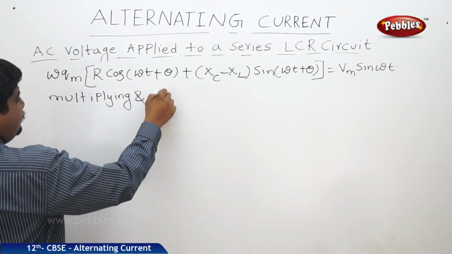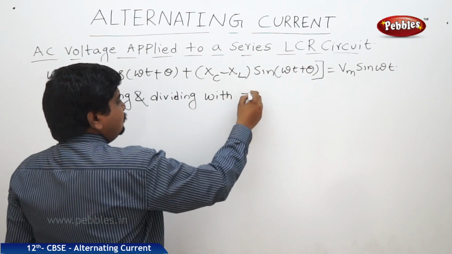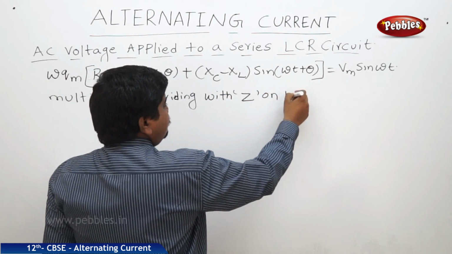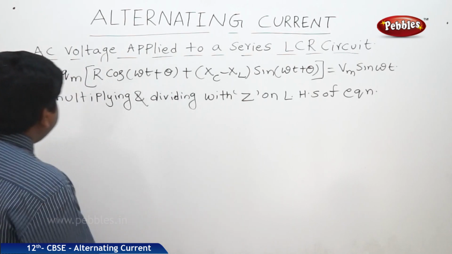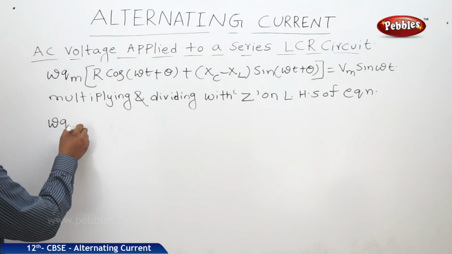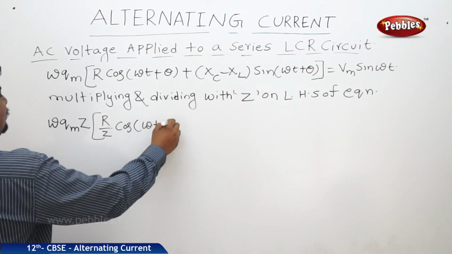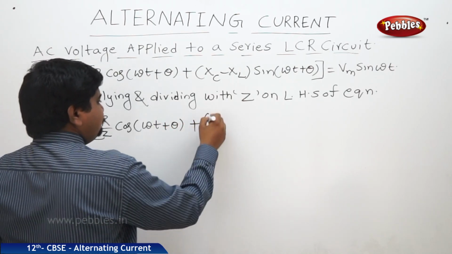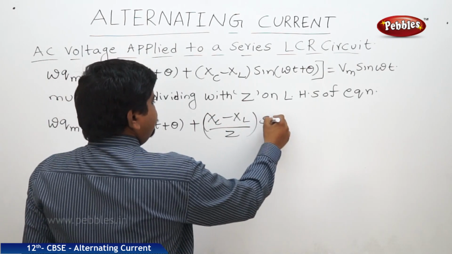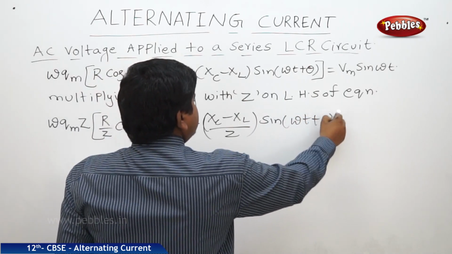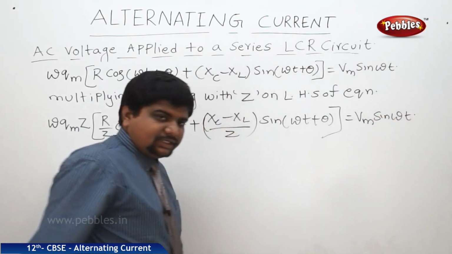So multiply with Z: ω qm Z into (R/Z) into cos(ωt + θ) plus ((XC minus XL)/Z) into sin(ωt + θ) is equal to Vm sin ωt.